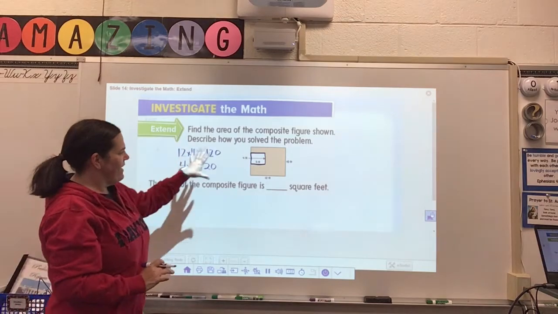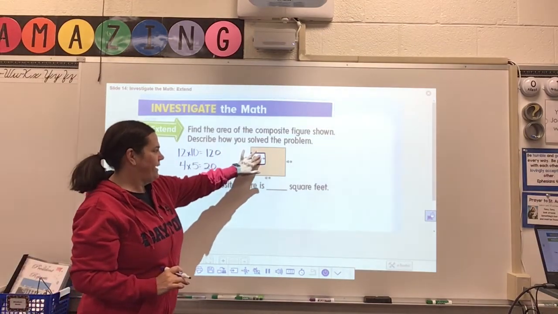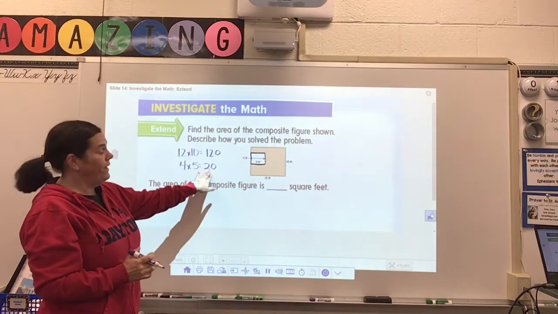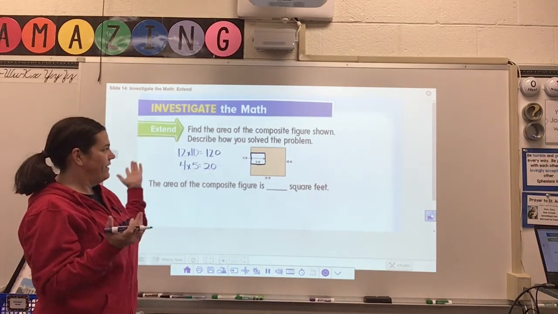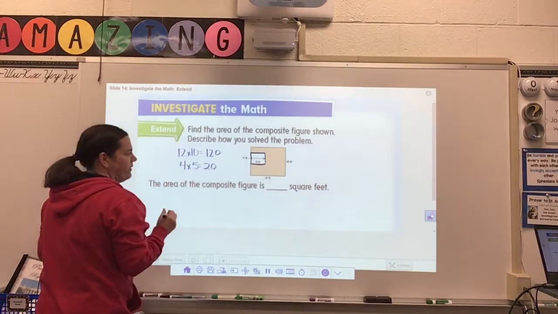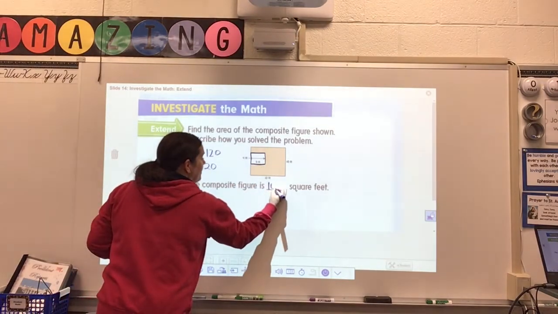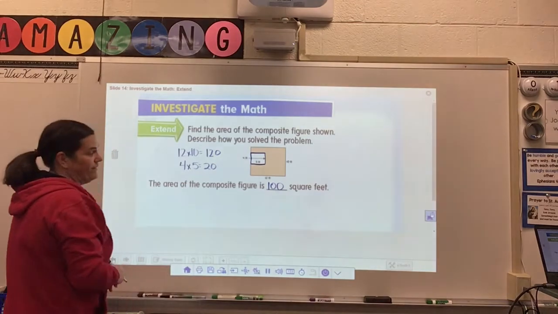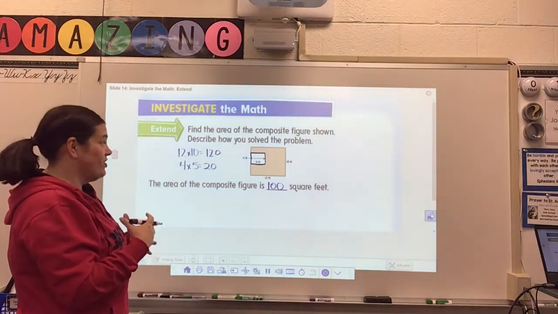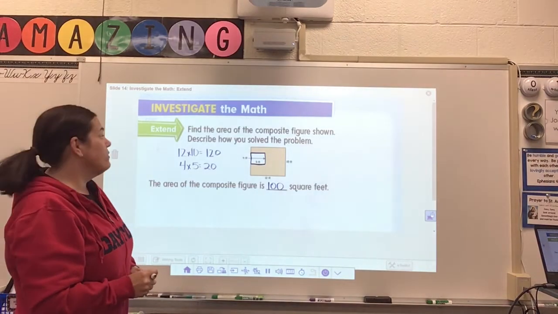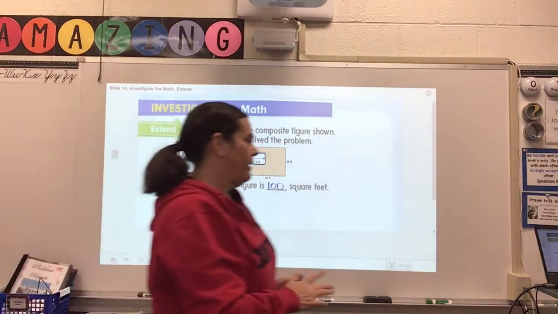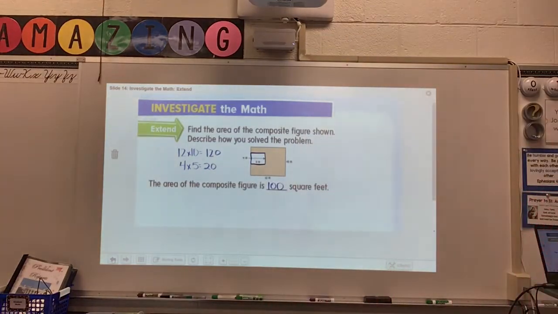So if I have a rectangle that's 120, but I take out a chunk that's 20, then I know that the area of this composite figure, this orange figure, is really 100 square feet. So sometimes I can use subtraction to help me figure things out when they're a little bit trickier. All right, let's move on to our lesson.